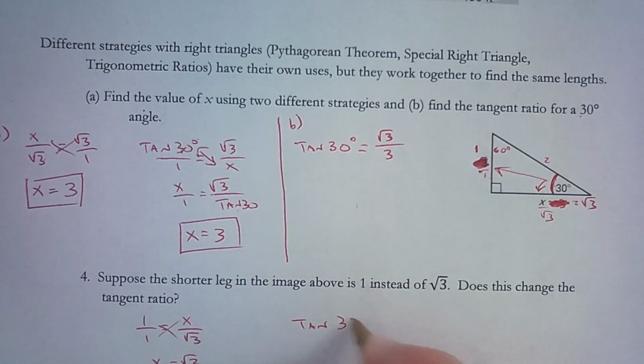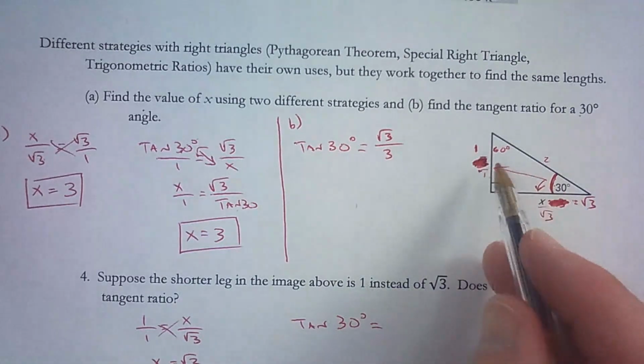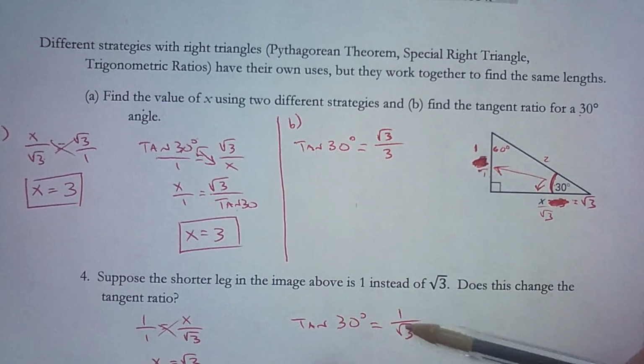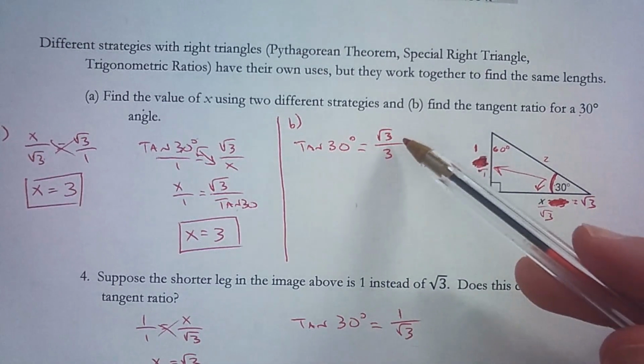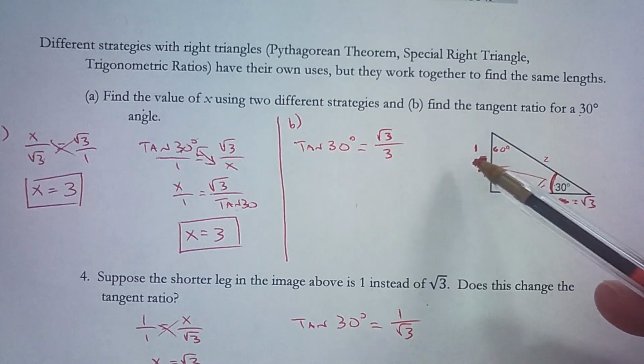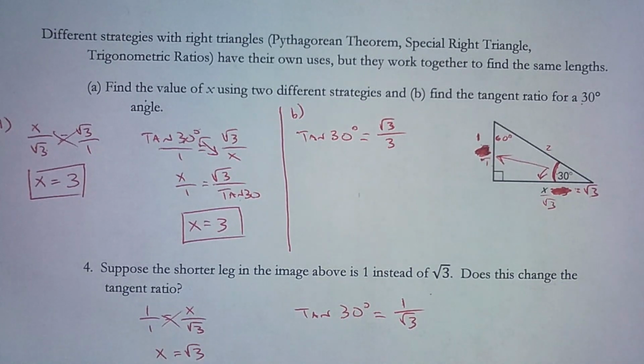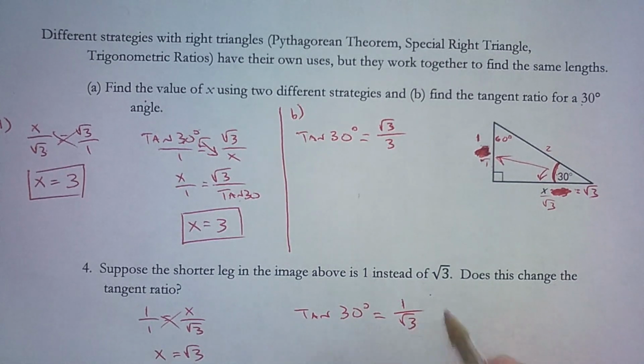So the tangent ratio, tangent 30 degrees, equals the opposite leg, 1, over the adjacent leg, square root of 3. So it looks like the tangent ratio has changed when I changed that side. But as I said earlier, the tangent ratio should always be the same for an angle measure. So let's try this.